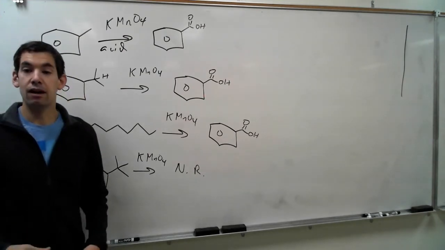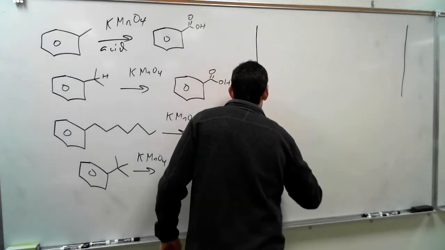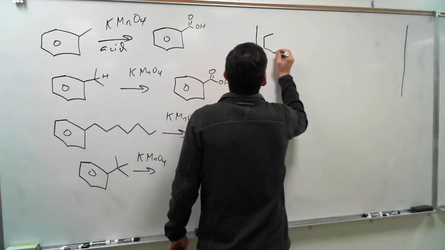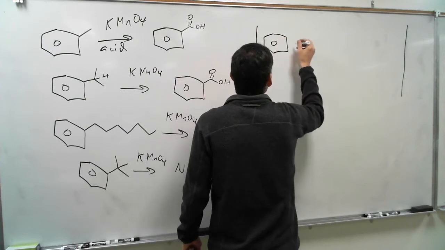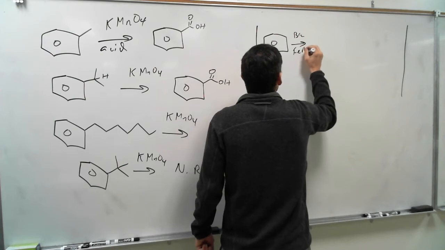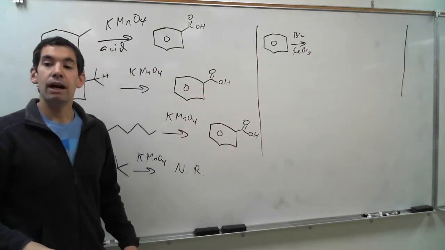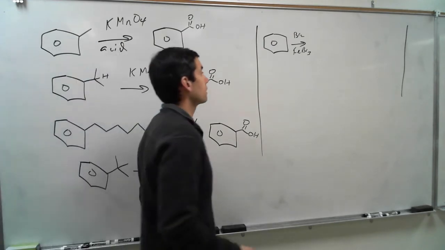There's one other way we can make a carboxylic acid with an aromatic ring. This is kind of a nice way to work with. So I can take my aromatic ring. I can react it with Br2, FeBr3. And we know if we take Br2 with FeBr3, that's going to do what? It's going to brominate our ring.